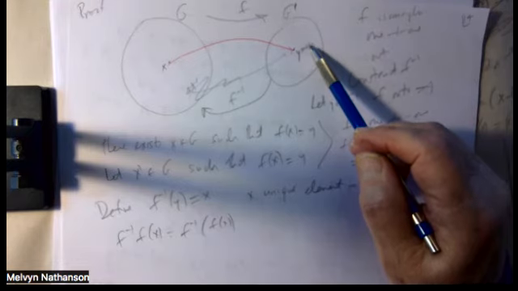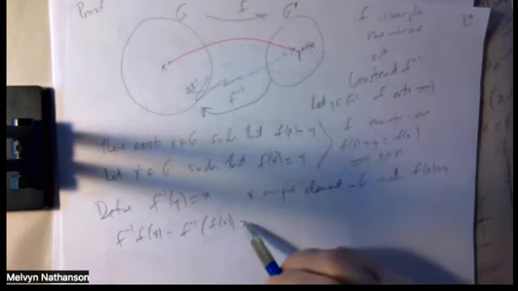And what is it if I take f inverse composed with f of x? That's f inverse of f of x. F of x is in G prime. F inverse is the unique element of G that gets sent to this, and that's equal to x.